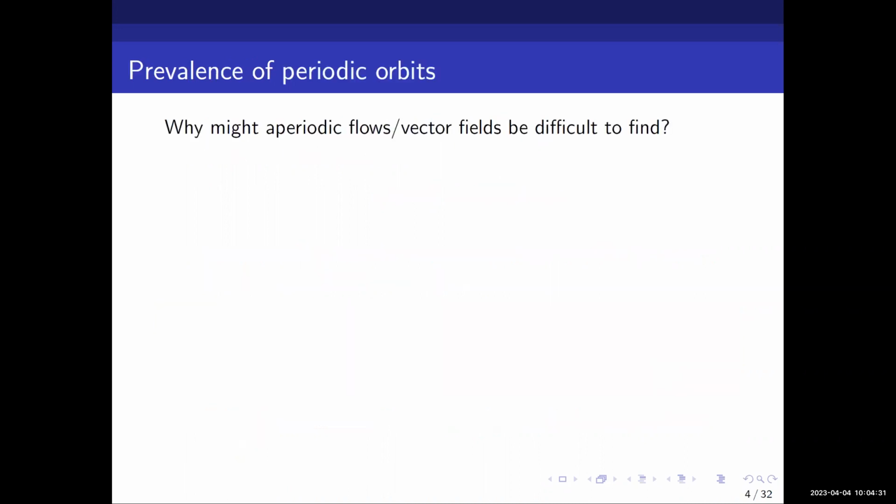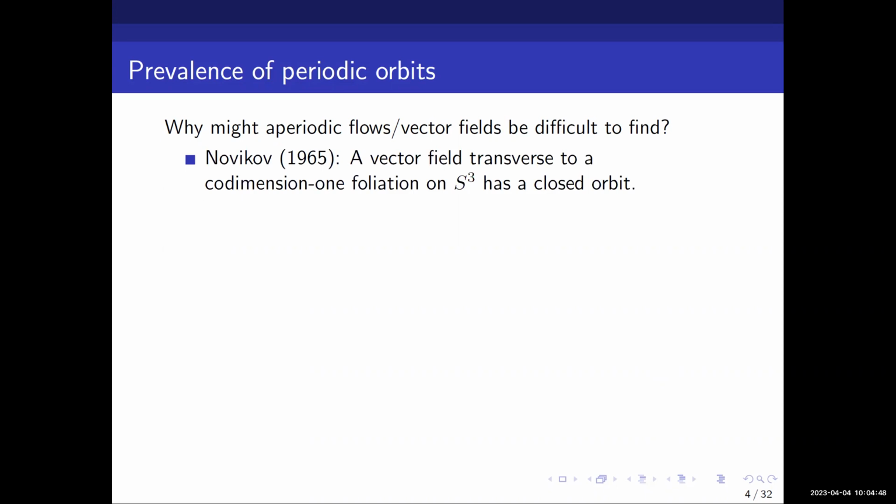One reason why you might think that periodic orbits are common are some classical things from foliation theory and dynamics. One thing might be that in 3 dimensions, you don't have a lot of wiggle room. If you have a codimension-one foliation on, say, S3, and you have a vector field that's transverse, you have to have a closed orbit.